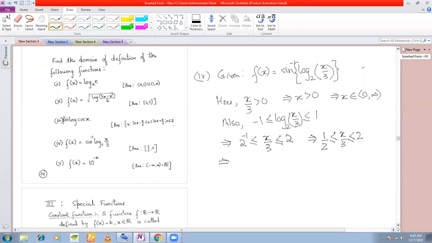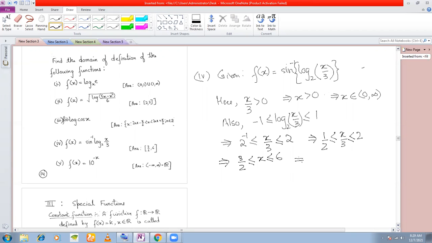Now if you multiply both sides by 3, we get 3 by 2 less than or equal to x less than or equal to 6.